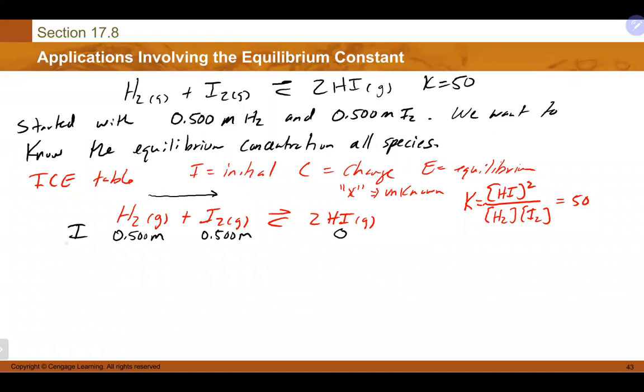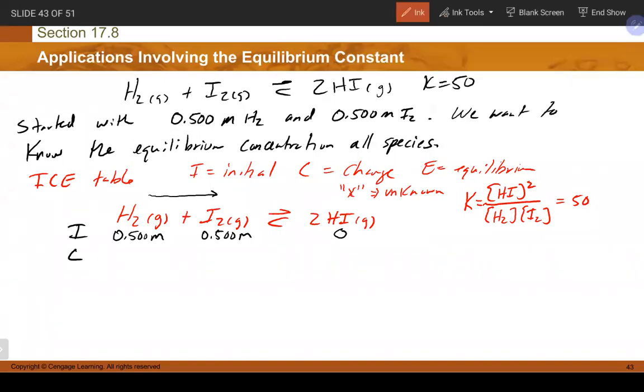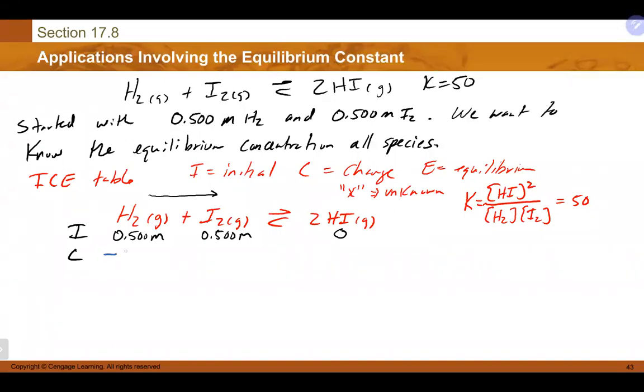So in the change part here, we're going to go minus X. And we do need to take the coefficients into account to make sure that we get the right mole to mole relationship. The coefficient happens to be 1, so it's minus 1x basically. This would also be minus x because again the coefficient is 1. And here this would be plus 2x because the coefficient is 2.